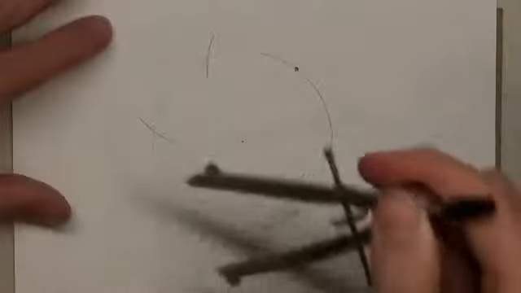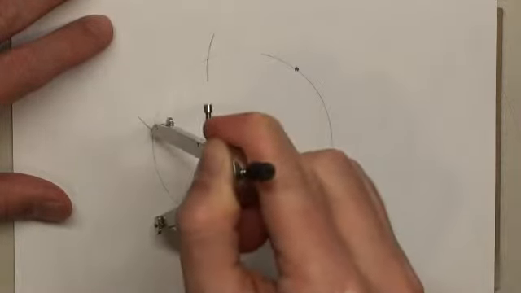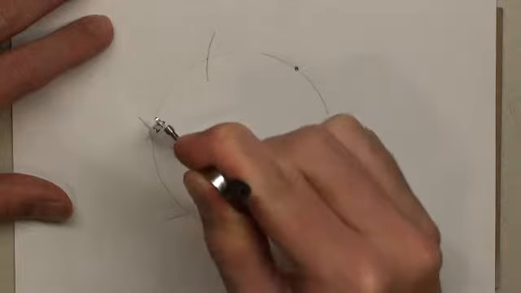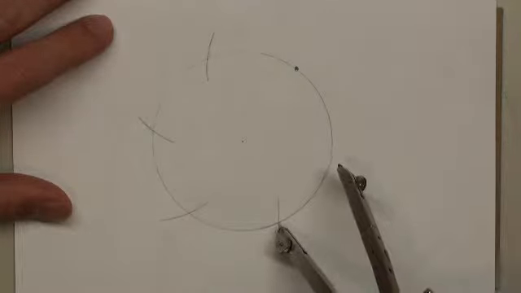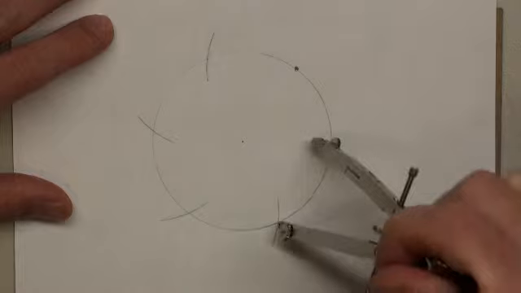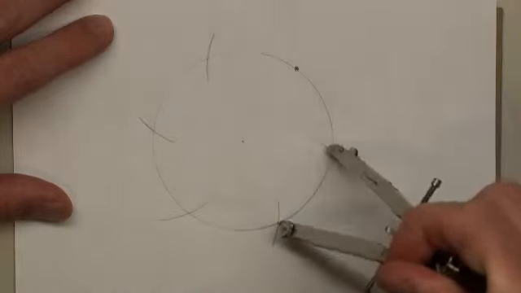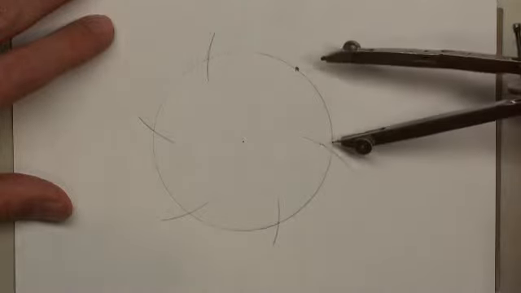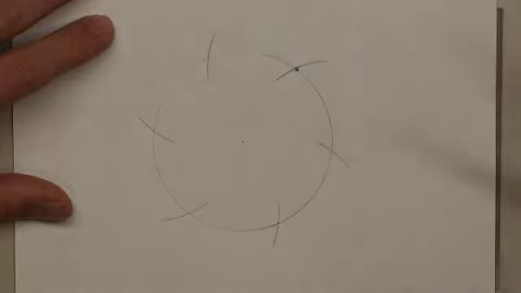And I just keep doing this all the way around the circle. That's what the next step says. To continue doing this all the way around the circle. Okay, and what you'll notice is that when you get to the end, it should land directly on your reference point, okay, or very, very close to it.